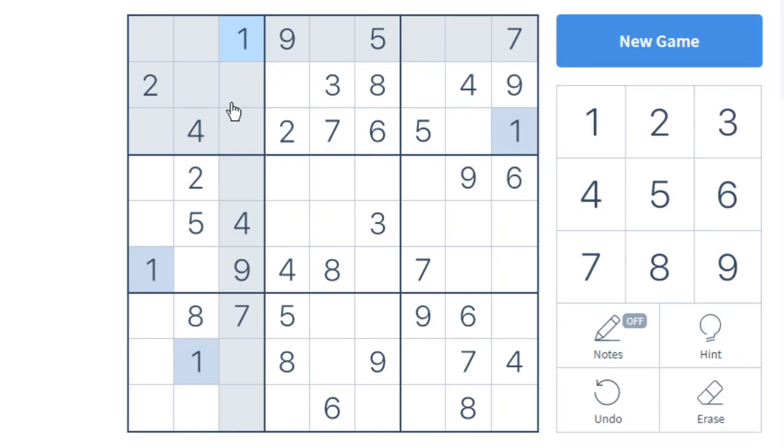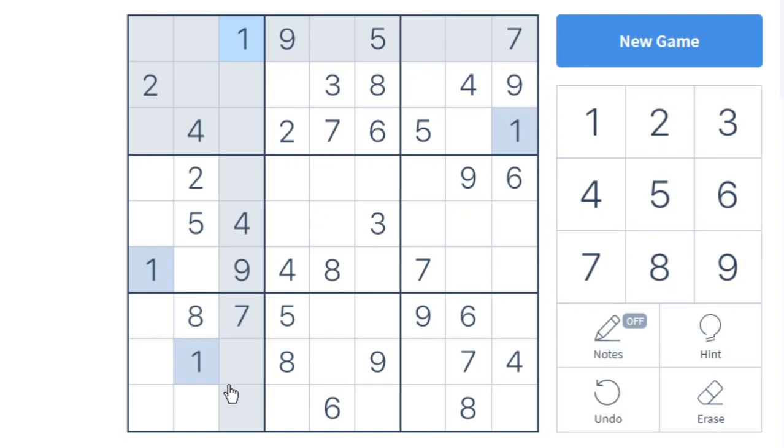So you cannot repeat numbers within the row, within the square, or within the column. We can only have one 1 in this entire column, one 1 in this entire row, and one 1 in this entire square. Notice that there are 9 squares in each row, 9 squares in each square, and 9 squares in each column. So this ensures that you can only use each number once.